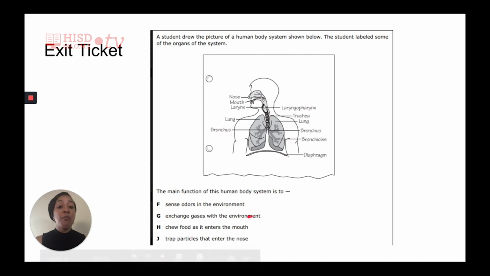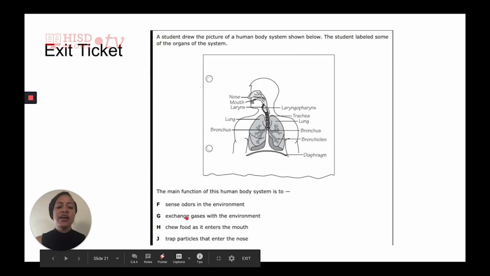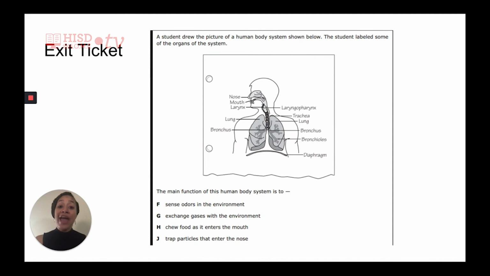So do we breathe odors, gases, food, or particles? What do we breathe in and breathe out? Right, we breathe in oxygen and we breathe out carbon dioxide. And oxygen and carbon dioxide, they are both gases. They're on the periodic table. We discussed the periodic table a couple weeks ago. So the answer to this question is G.